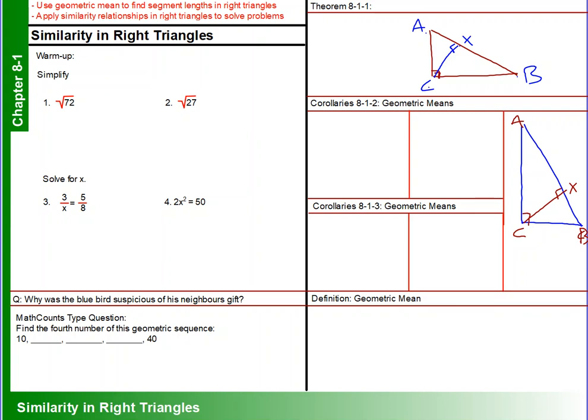Now I'm going to name these side lengths, and you'll remember that side lengths are lowercase letters, whereas vertices, angles, are uppercase letters.